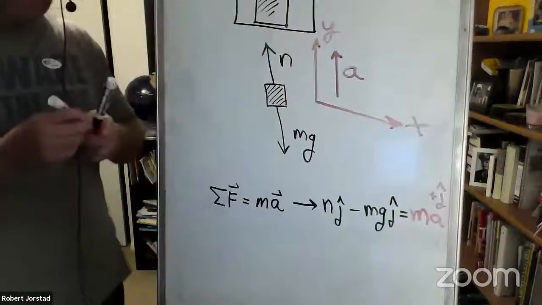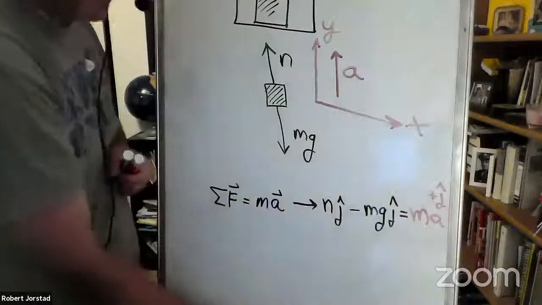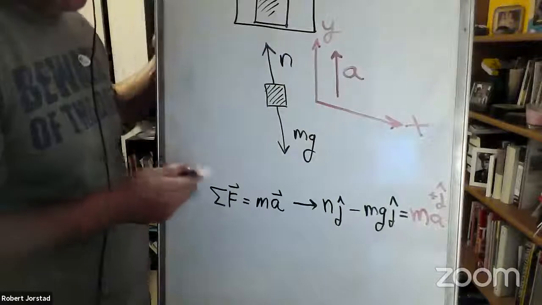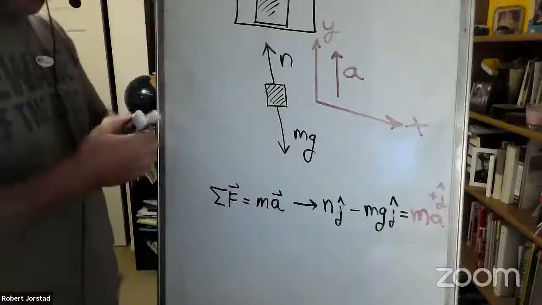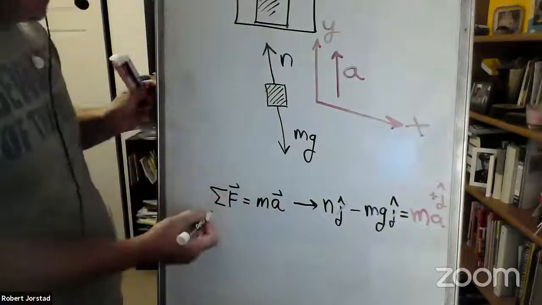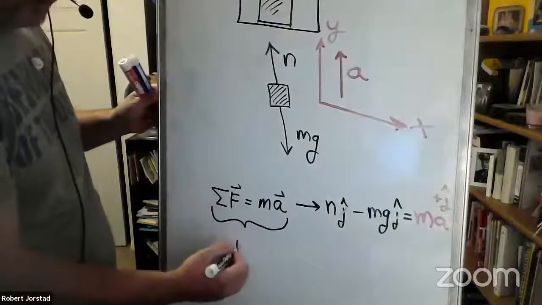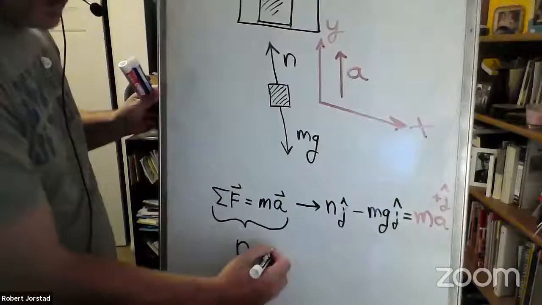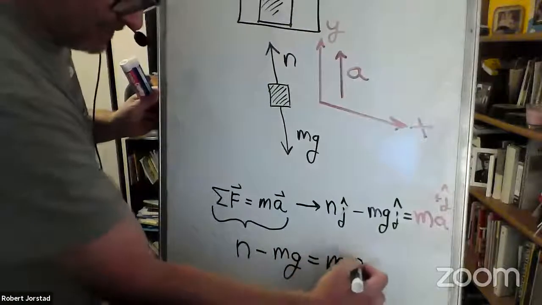Okay. The idea here is, what do you notice drops out of every term immediately? The J hat. Nice. And so if that drops out, I need to rewrite this. This basically becomes, from a practical standpoint, the normal force magnitude minus the weight magnitude is equal to mass times acceleration.